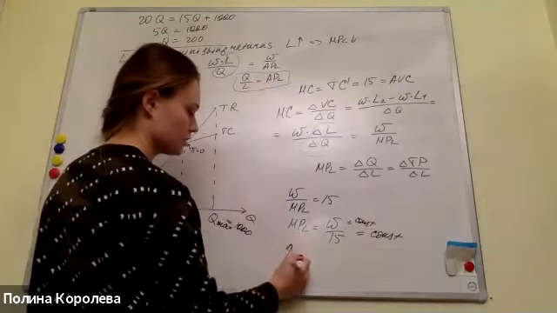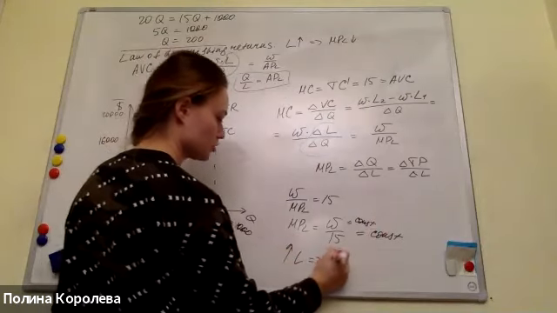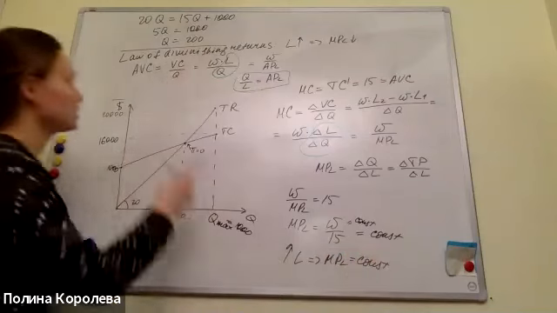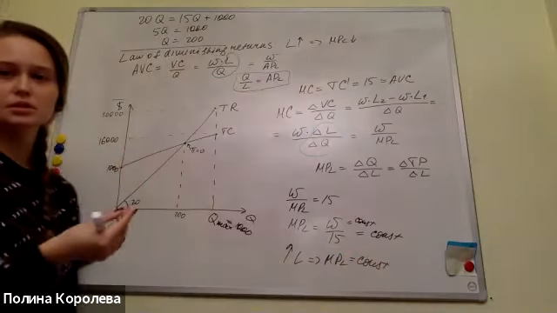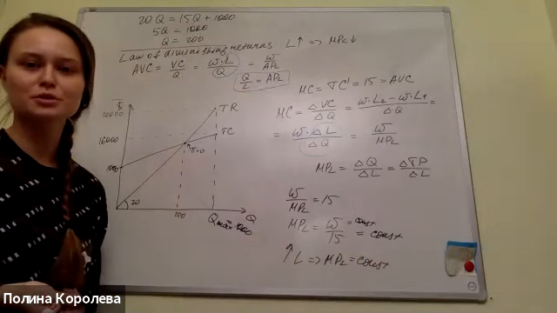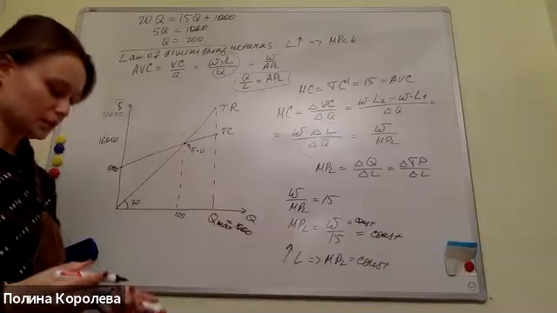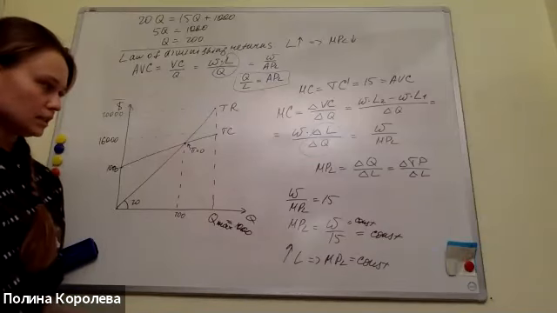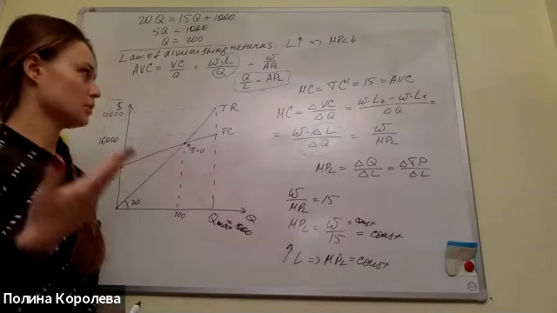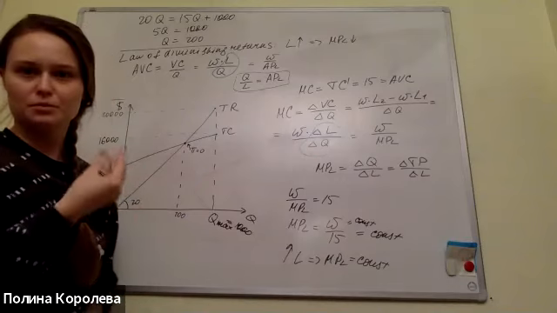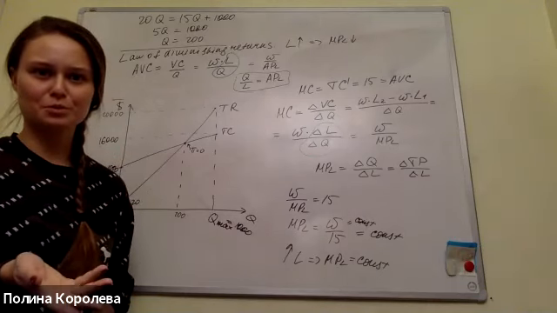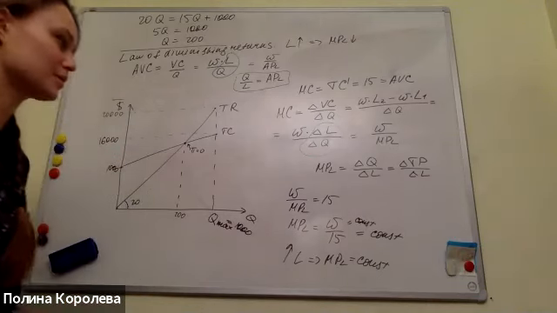So when we increase the number of workers, marginal product of labor stays constant. So here in our task, we do not have the law of diminishing returns. But it was easy to understand because each additional worker increases our costs by the same $15 that we spend on wage. Yes, and that's all.